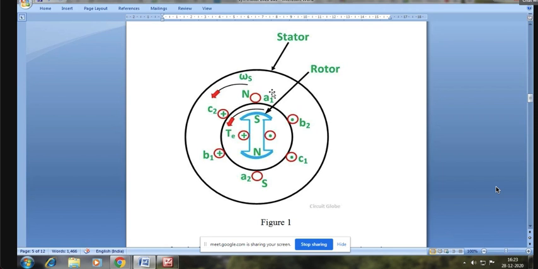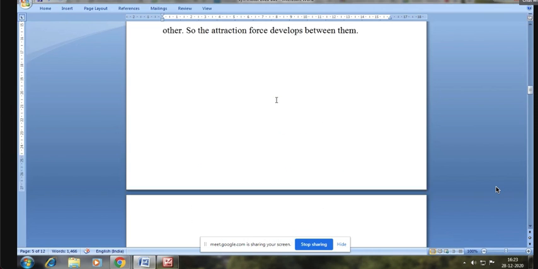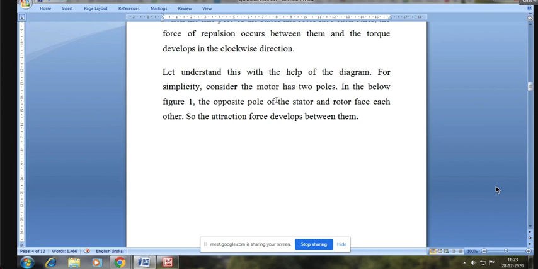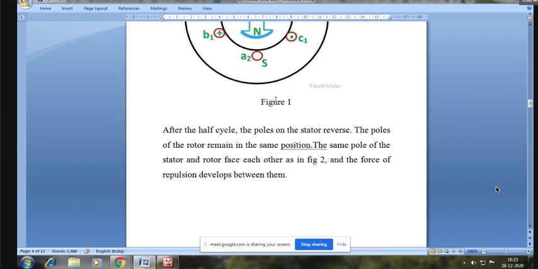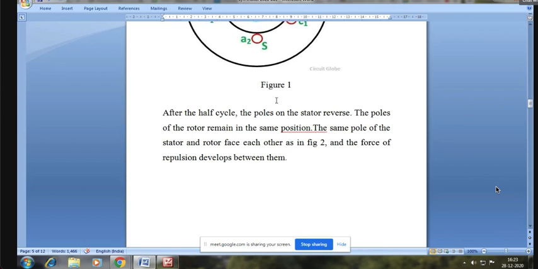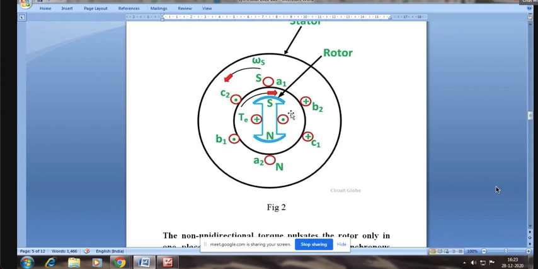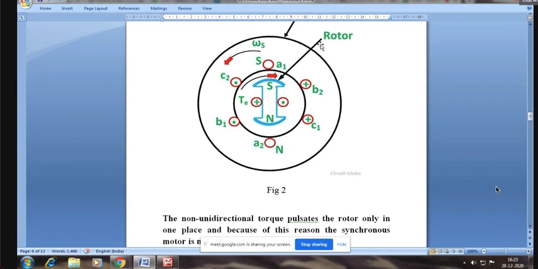Yes, sir. Okay. So that is the concept behind. Now we will see, that being the case, what happens in the subsequent time. So you see, in figure 2, what we see is the rotor poles are fixed in position.